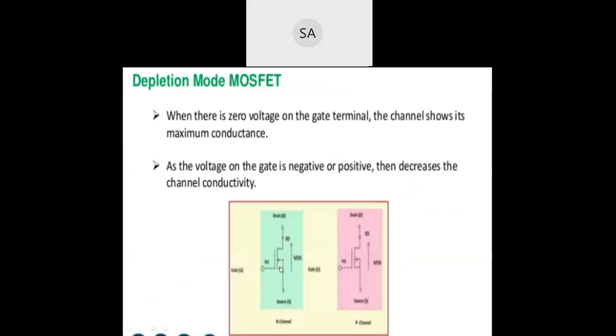These are the symbols of N channel and P channel depletion mode. As the gate voltage is made negative or positive, the channel conductivity decreases.